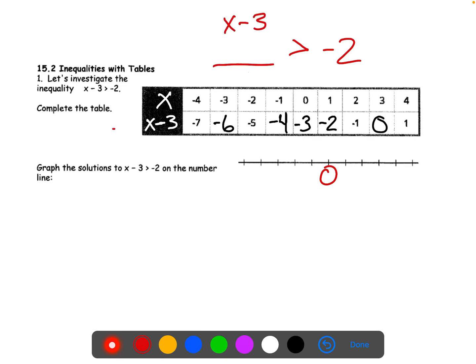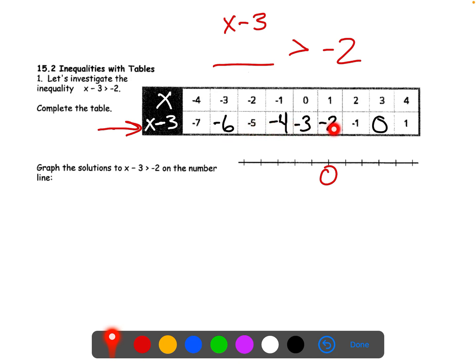So we're looking here at this calculation that we did in our table to find all the values of x minus 3 that are greater than negative 2. Well, negative 7 isn't greater than negative 2, neither is negative 5.